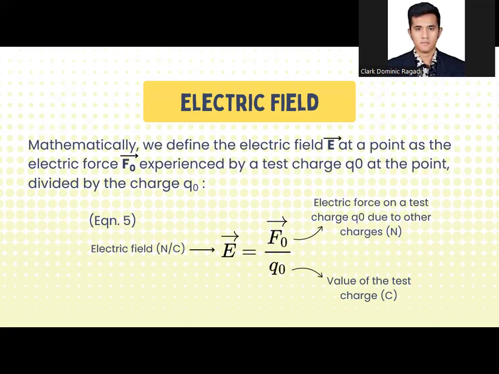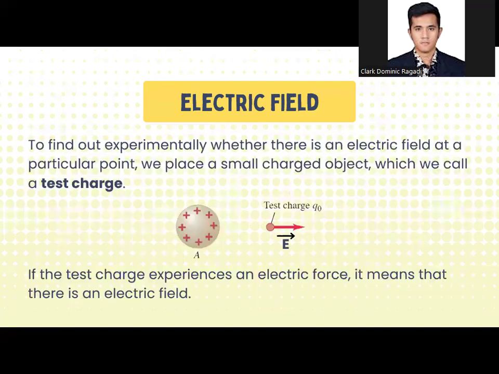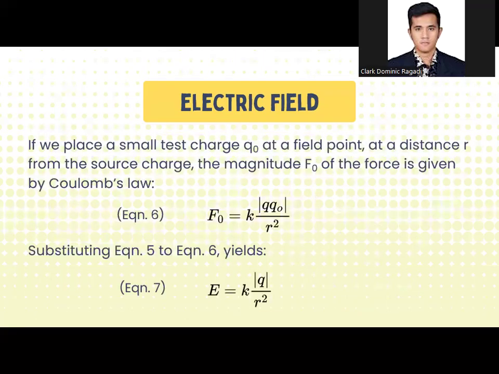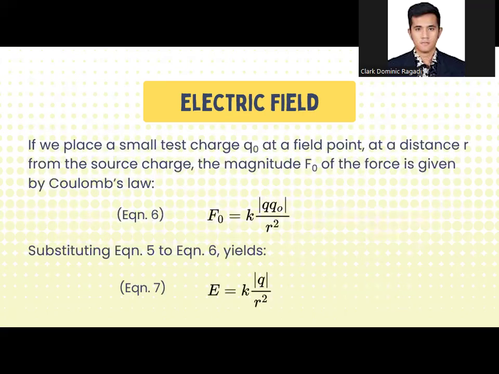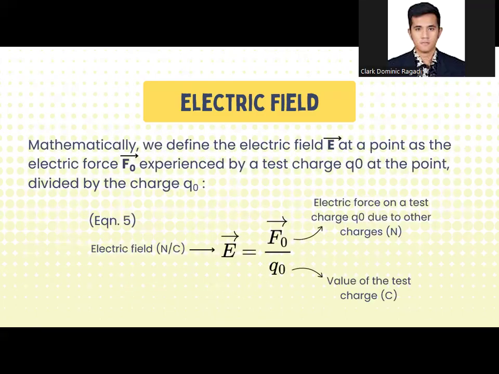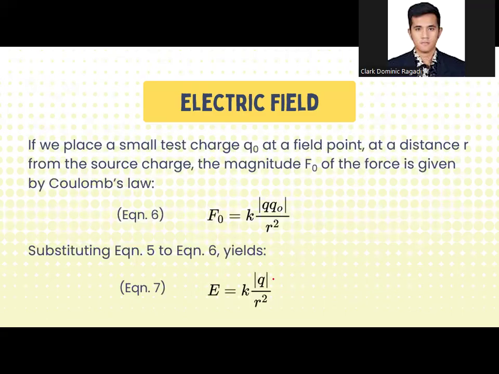Substituting equation 5 into equation 6, we have equation 6 here, our Coulomb's law. We can derive the value of F_0 here. F_0 is equal to E q_0. If we substitute this in Coulomb's law, that would give us the formula E equals kQ over r squared.